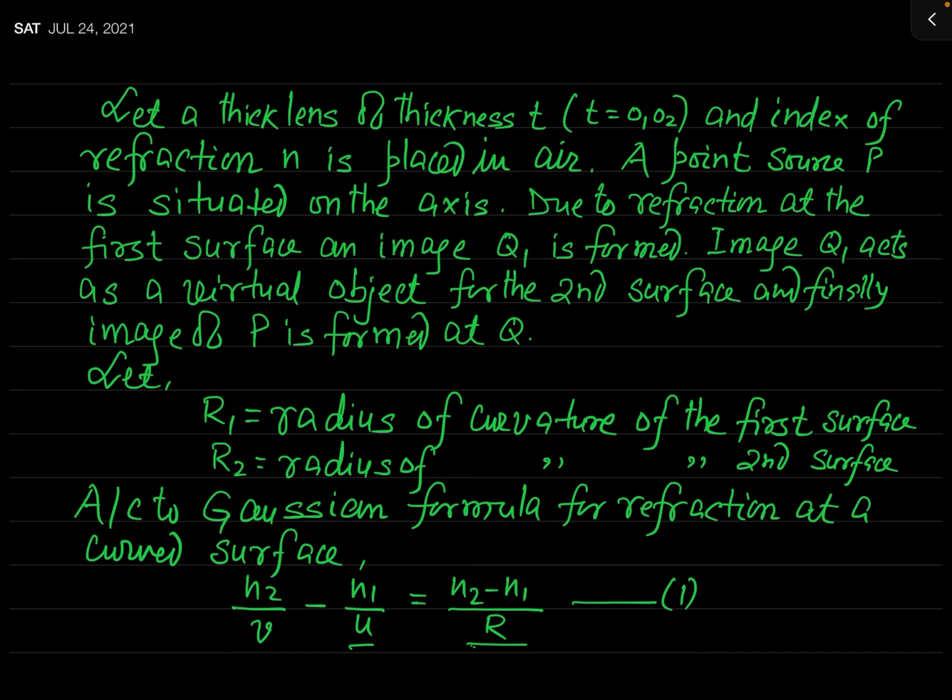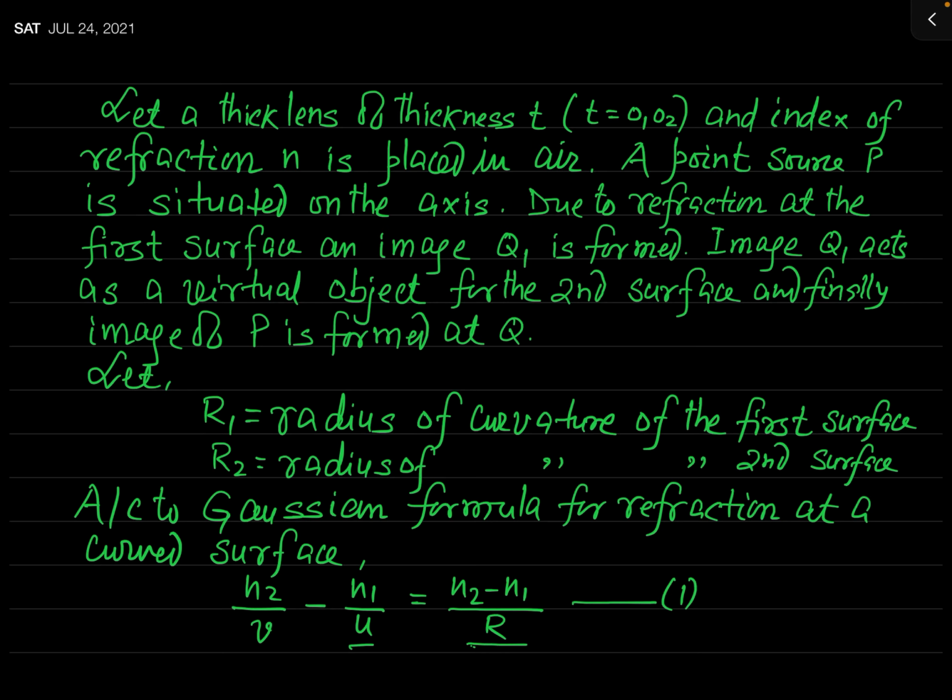Here n2 is the refractive index of the second medium, v is the image distance, n1 is the refractive index of the first medium, u is the object distance, and r is the radius of curvature of the surface where refraction takes place.